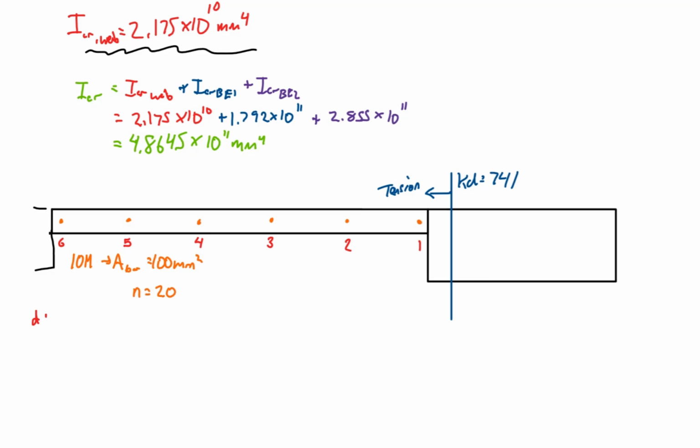Right here, this bar, measured all the way from this edge, the extreme compression edge, has a D value equal to 900 millimeters. So I'm just going to write 900 there. The next one is 1300 because they are spaced apart at 400 center to center. So that's 1300. Whoops, I wrote 1310.